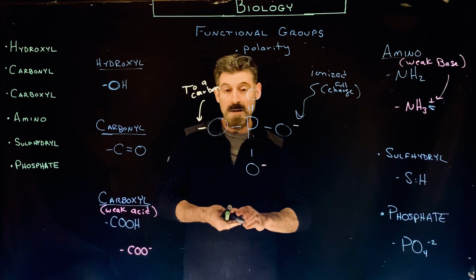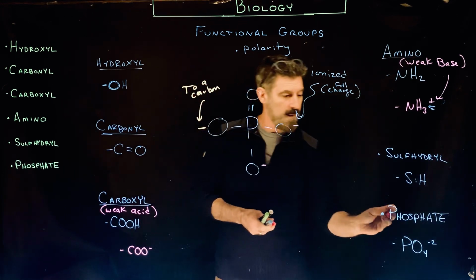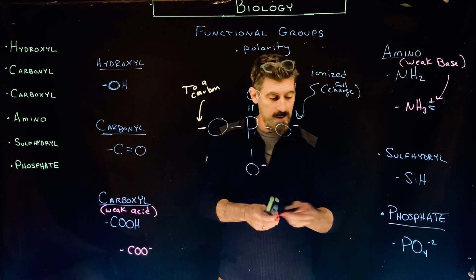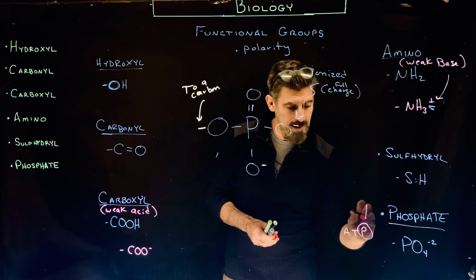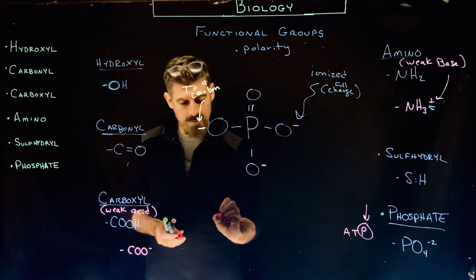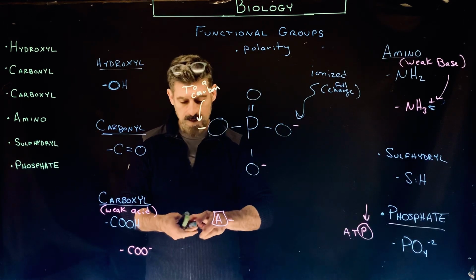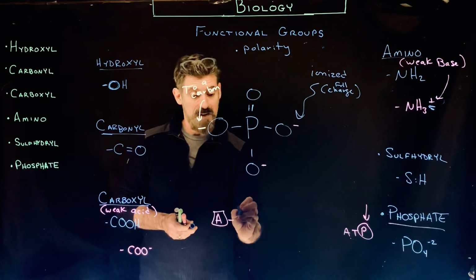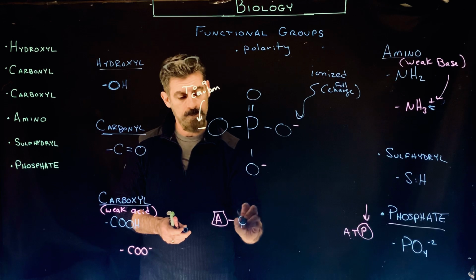Now, where do you see the phosphate functional group? Well, it's very common as part of very important molecules like ATP. All right, so the P of ATP, so we have adenosine, which I'm not going to draw the whole structure of right now, and then you're going to have phosphates. So actually it would be an oxygen.